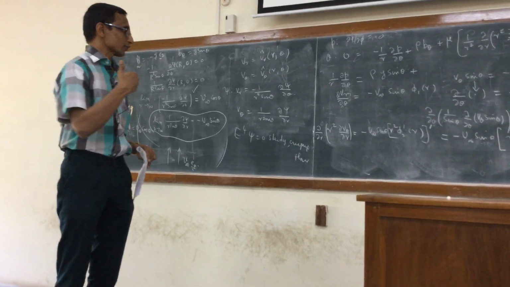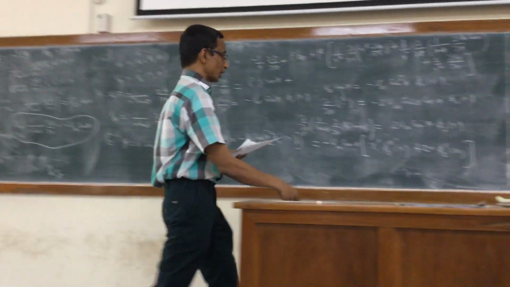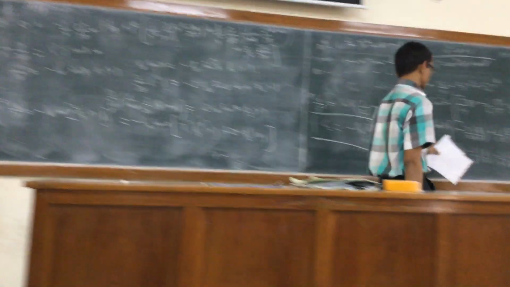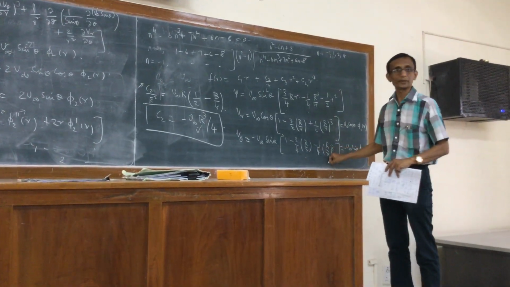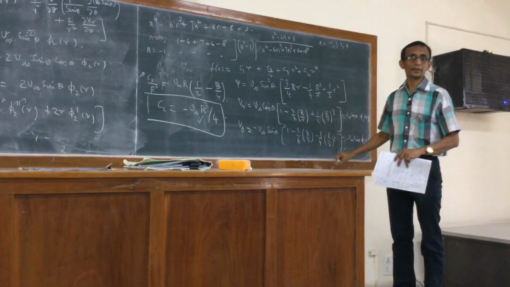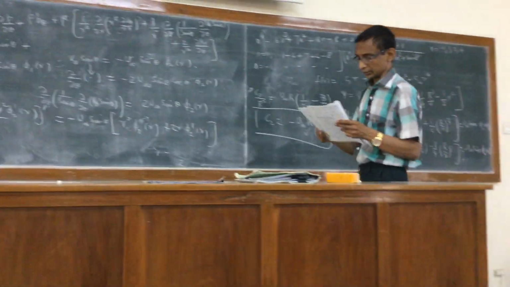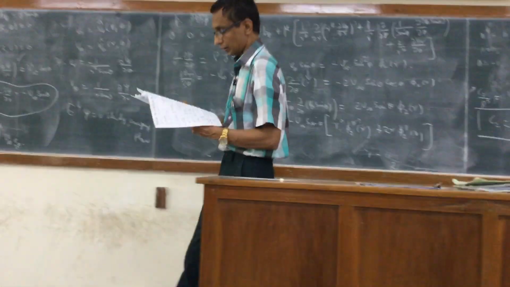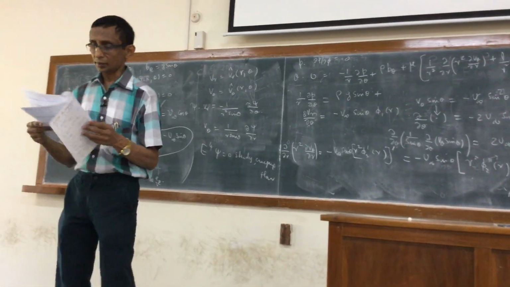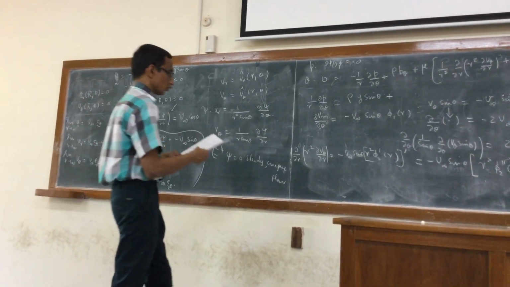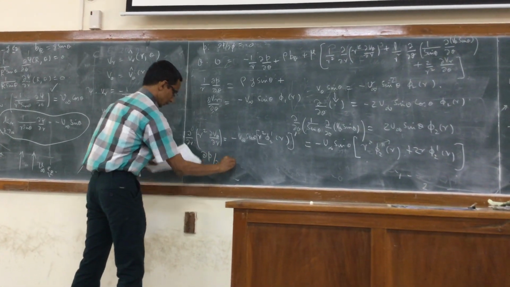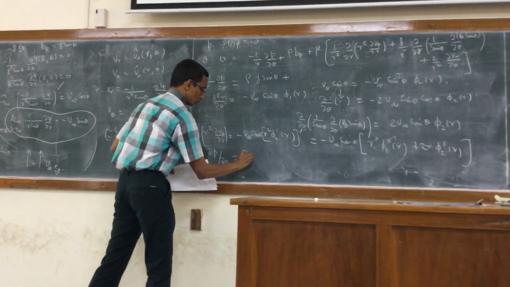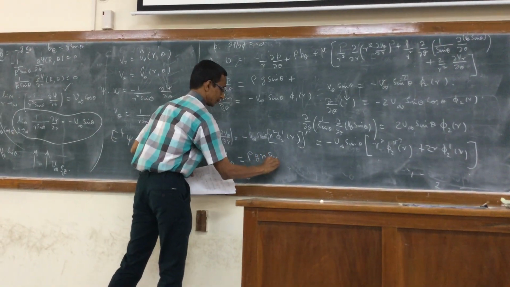So what I have to do is to calculate phi 2 prime of r and phi 2 double prime of r. And phi 2 is given by this. So I have to differentiate it once and then again. And so when you put all these together, the final equation turns out to be quite straightforward, conceptually simplified, and you get dp by d theta is equal to rho g r sine theta.